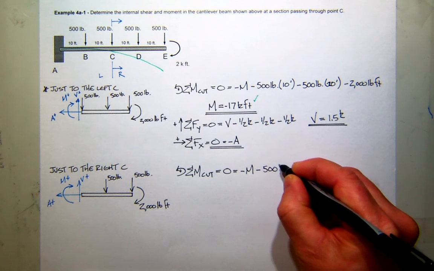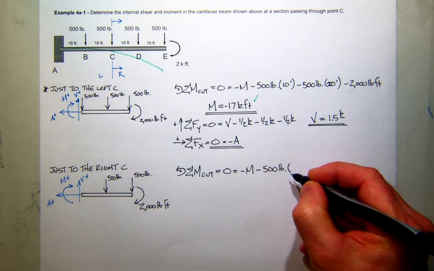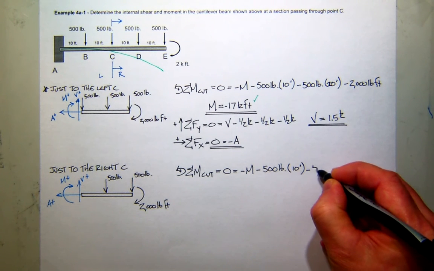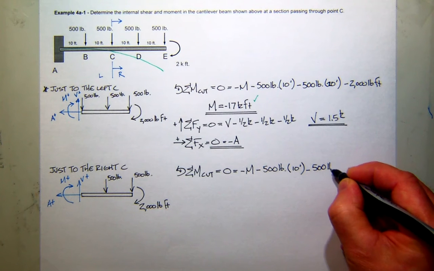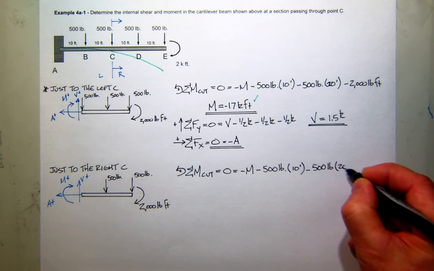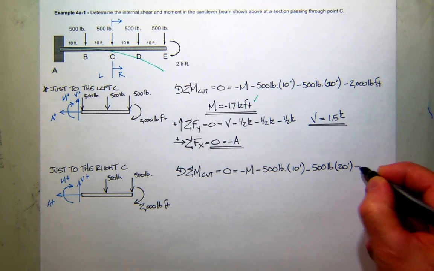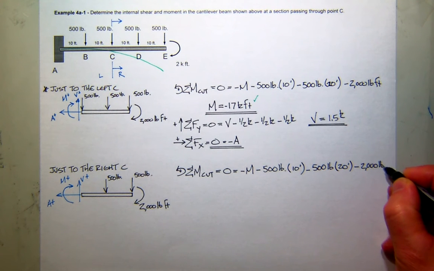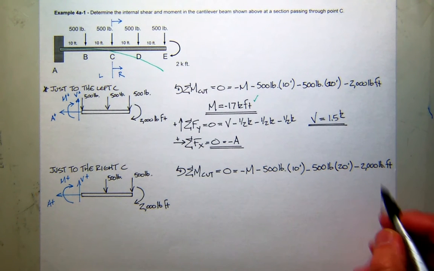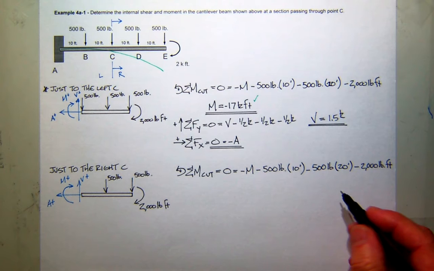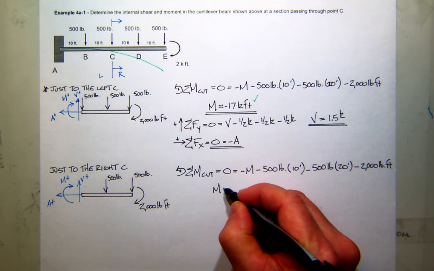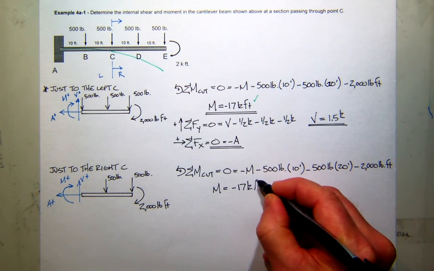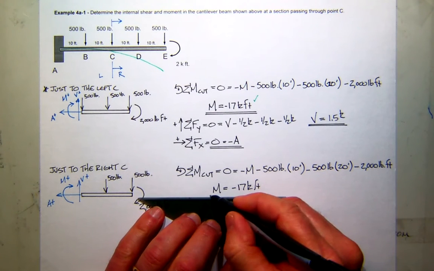So the first one is 500 pounds is the force, and the distance is 10 feet. The second one is 500 pounds, the moment arm of 20 feet. And at the very end, I have the applied couple of minus 2,000. So again, I solve for the moment, and it comes out to be negative 17 kip feet. Same as before.